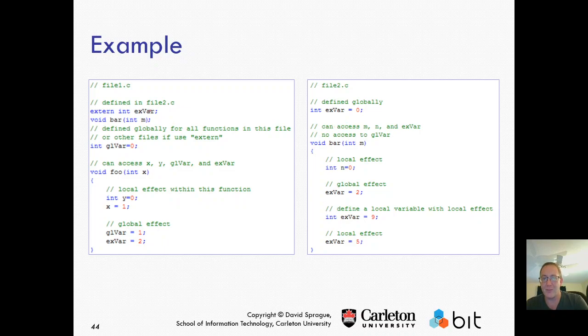This might be external, but if we see exvar, we're probably referring to this one right here, not this one over here. glvar is not visible at all in file 2. It's only visible in file 1. exvar, this one here though, is visible by file 2 and file 1.